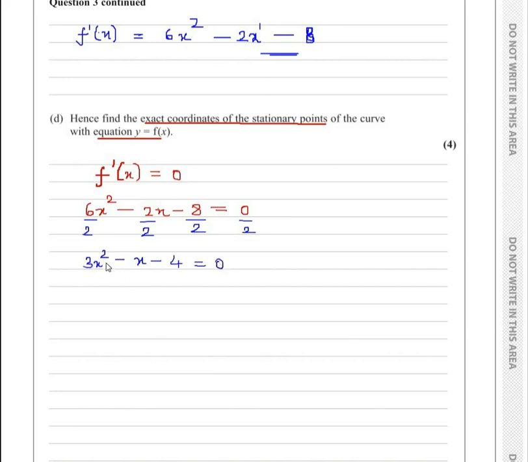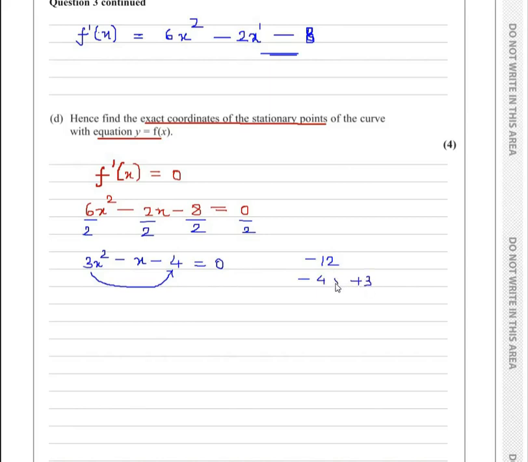I'm going to do the splitting the middle term factorization here. First I multiply 3 with 4, that gives me 12, negative 12. So I should start finding the factors of negative 12, which when added give me negative 1. You can think about negative 4 and positive 3.